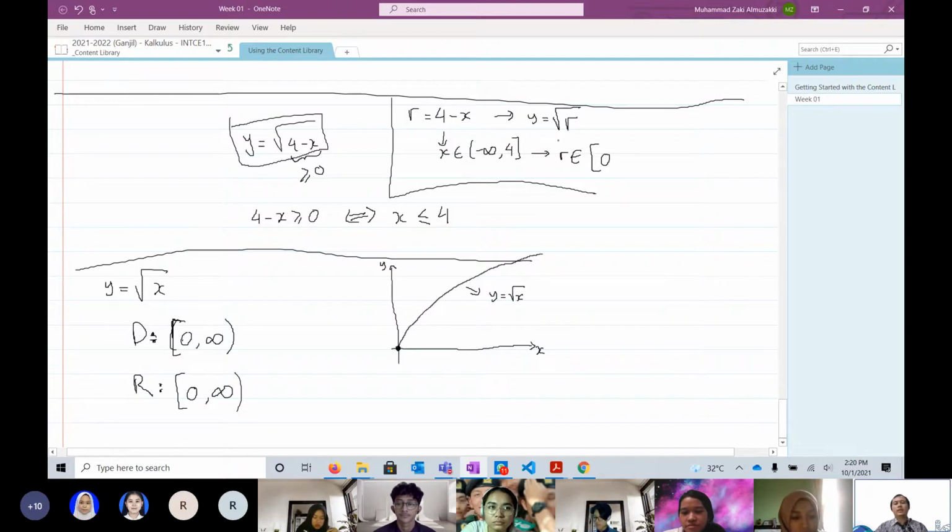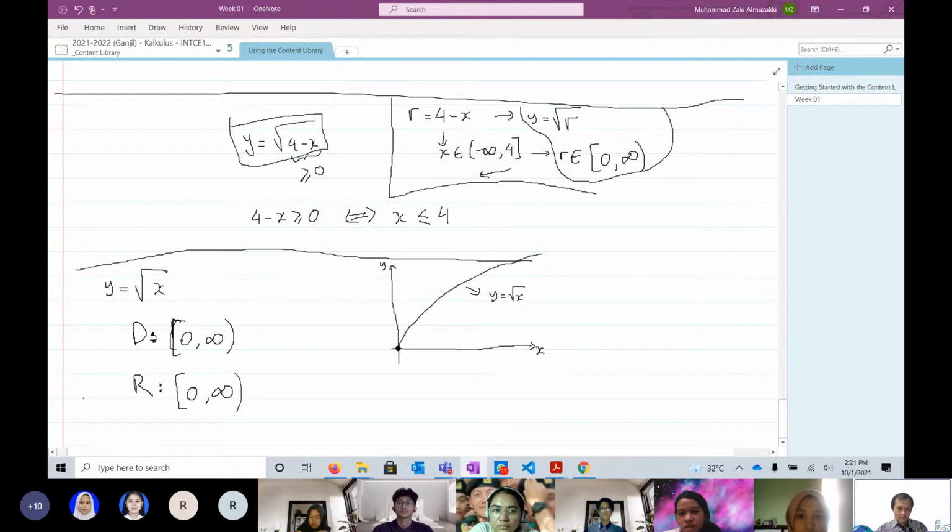And if we take x equal to minus 100, r is equal to 104, and so on. So as the value of x decreases, from 4 to minus infinity, the value of r goes from 0 and increases to positive infinity.